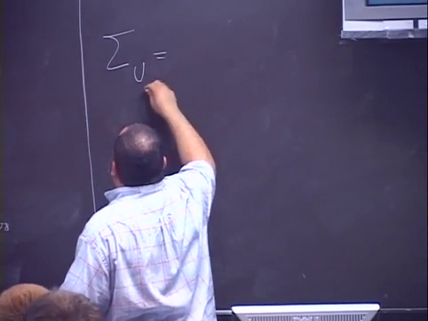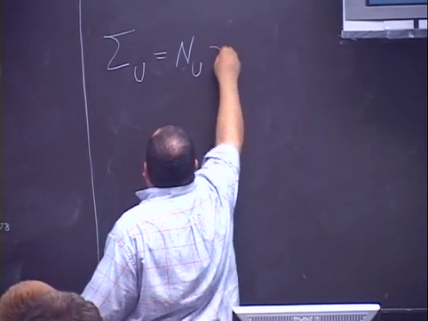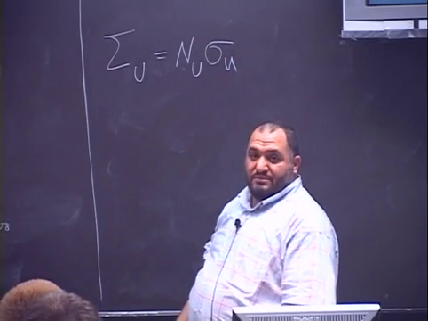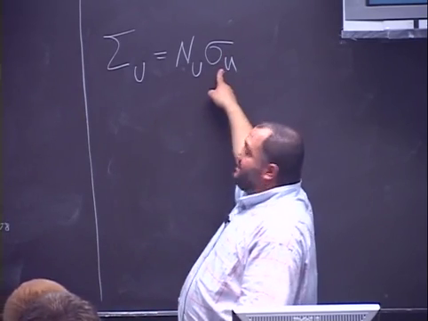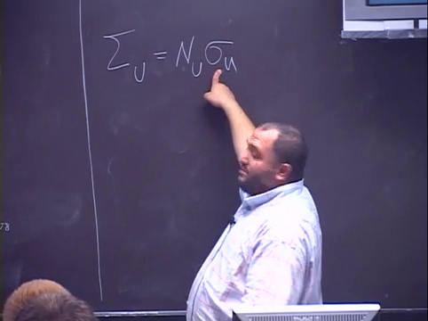What's sigma total for uranium? It's the number density for uranium multiplied by sigma for uranium. Yes? And in this case, what's the sigma for uranium?